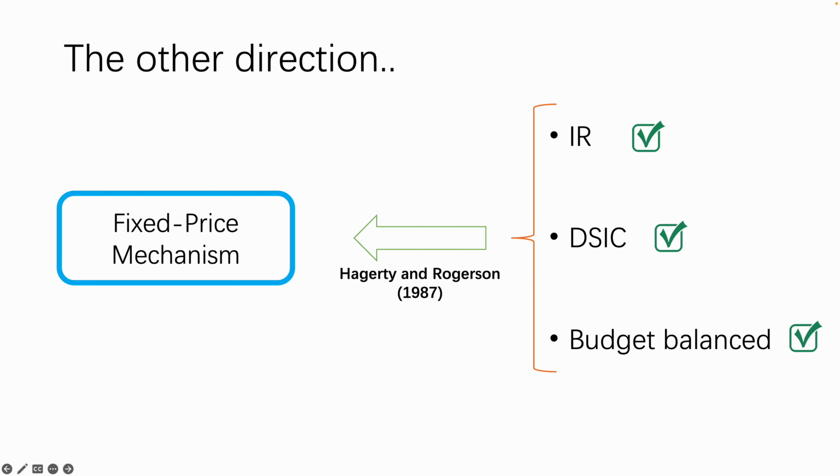Surprisingly, Hagerty and Rogerson prove that the other direction also holds. Namely, any mechanism satisfies IR, DSIC, and budget balanced must be a fixed price mechanism. Therefore, this means that we only need to focus on fixed price mechanisms in this talk.